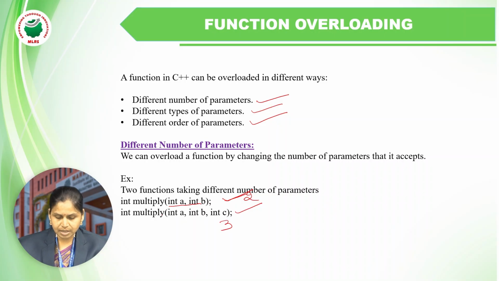When we execute these functions, the compiler first verifies the function name. If the function name is the same, then it verifies the parameters: the number of parameters, the data type of the parameters and the order of the parameters. Here we are differentiating these two functions by using the number of parameters.